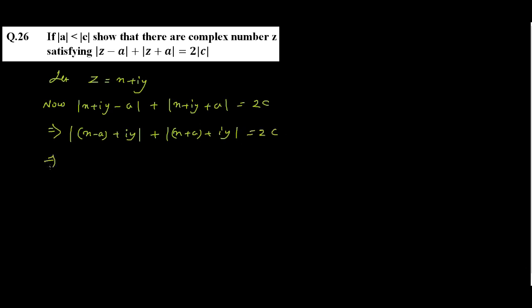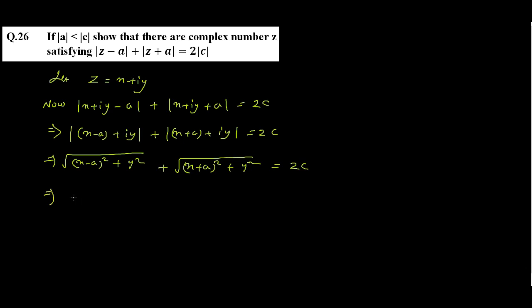Now we know the modulus concept of the complex number. So modulus of a complex number is the square root of the real part square plus imaginary part square. That is square root of x minus a whole square plus y square, plus square root of x plus a whole square plus y square, is equal to 2c.